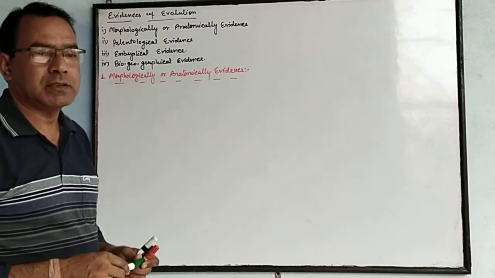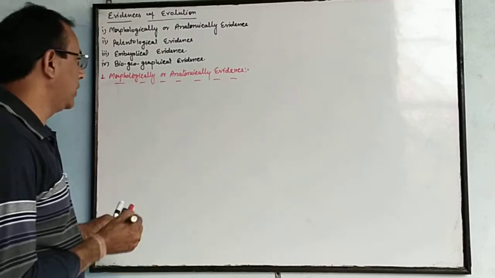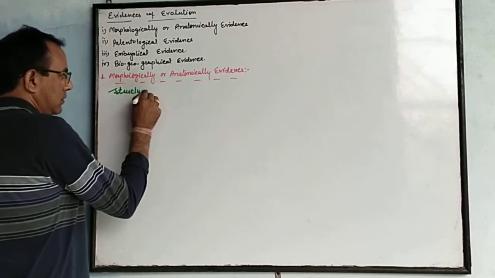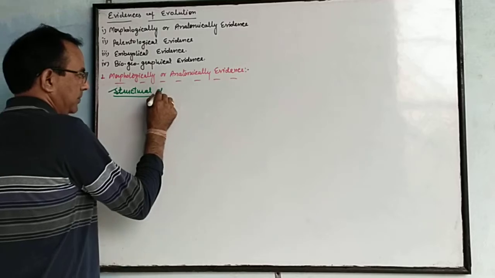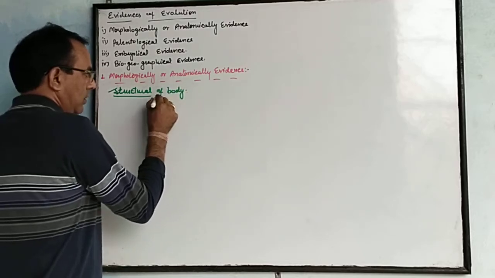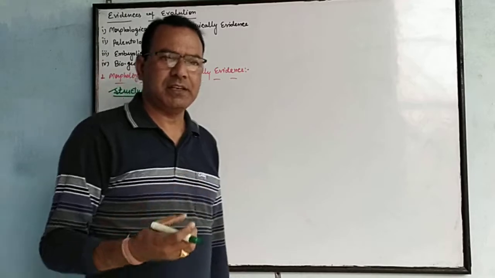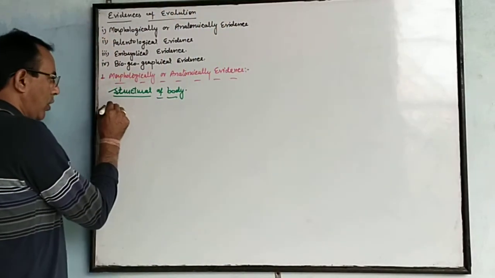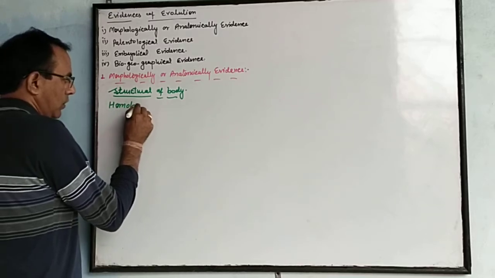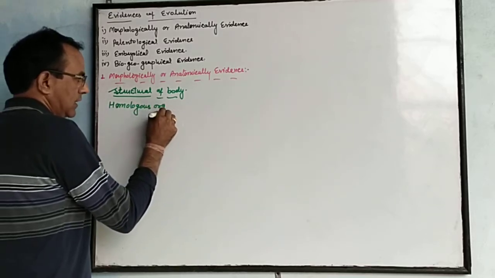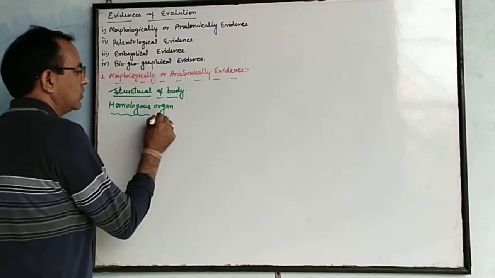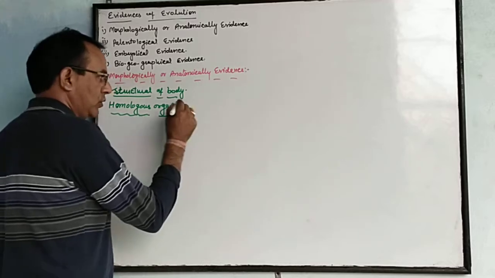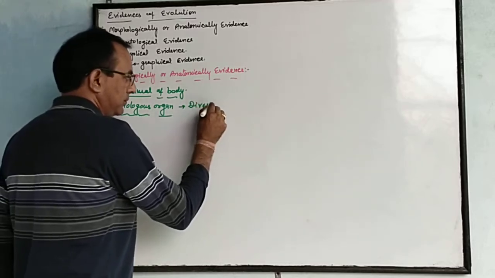This evidence was based on the structure of the body, on the basis of organs, their origin and structure as well as their function. We have already discussed homologous organs, the organs which have similar structure or origin but perform different functions, and this type of evolution is known as divergent evolution.